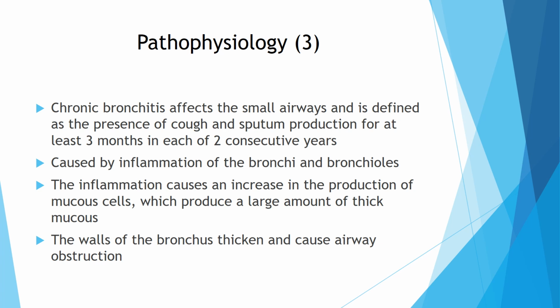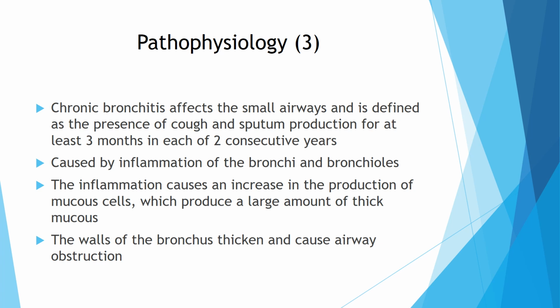So just on that criteria alone, I know many people that are probably positive for COPD, but have not been diagnosed. So chronic bronchitis is caused by an inflammation of the bronchi and the bronchioles.